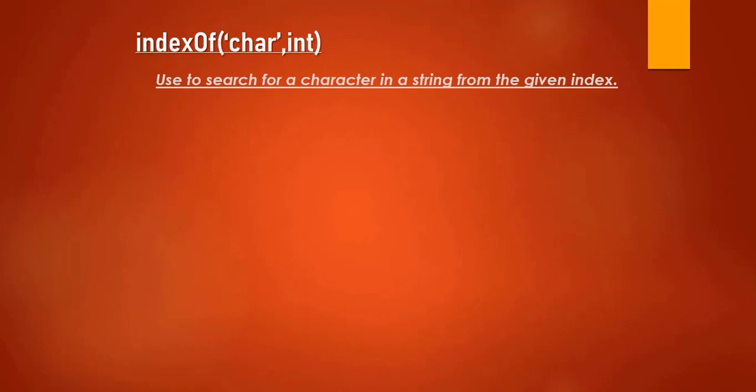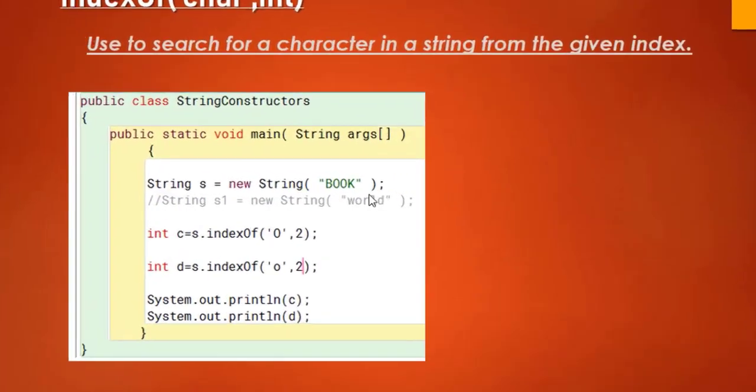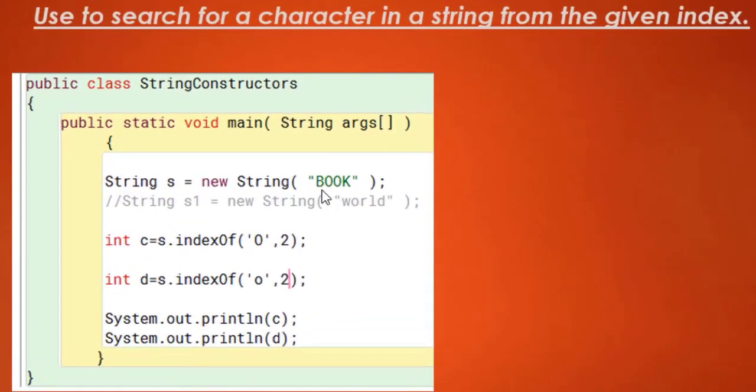This is another variation of the indexOf function, that is indexOf(char, starting index as integer). This function allows the user to search for a character in the string from a particular index. See the example. The string is BOOK, all the characters in capital letters.